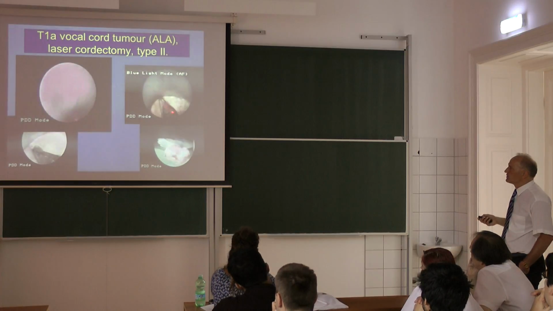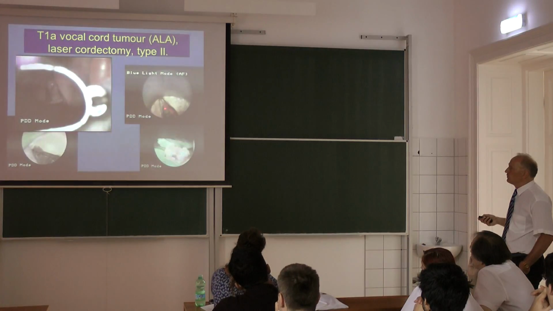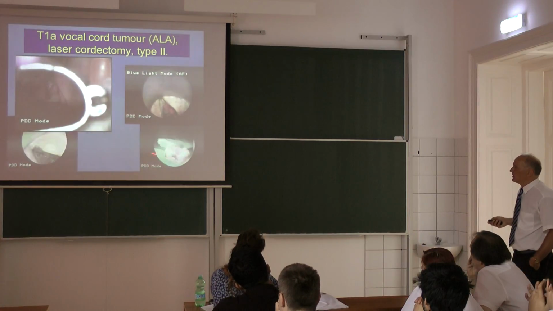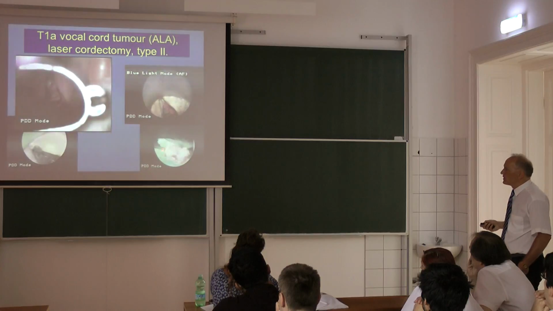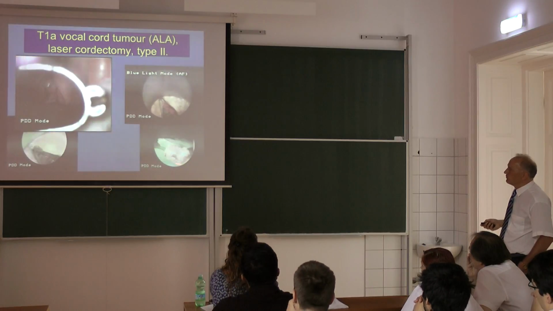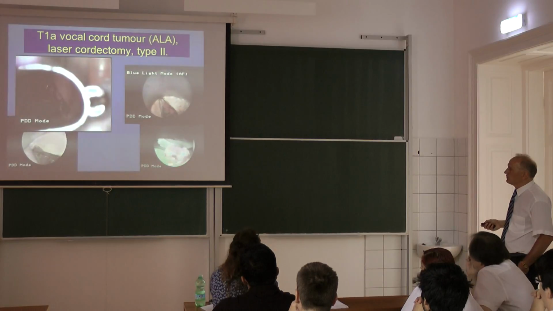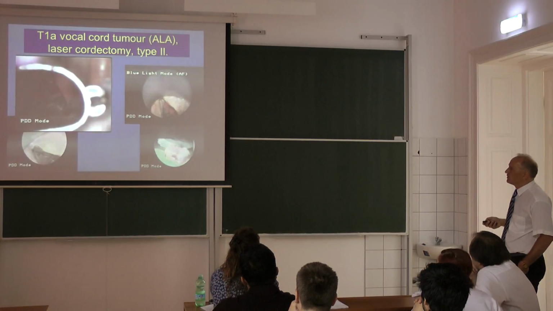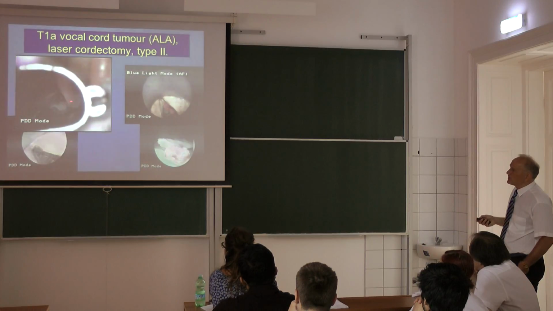It fluoresces in red, and here you see the specimen that was resected, and we sent it for pathological assessment with a clear, healthy margin. You can see very well under the microscopic view, and you can resect it with the laser.